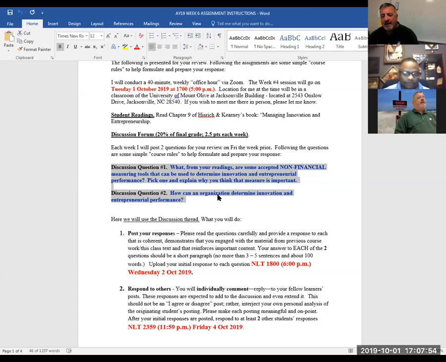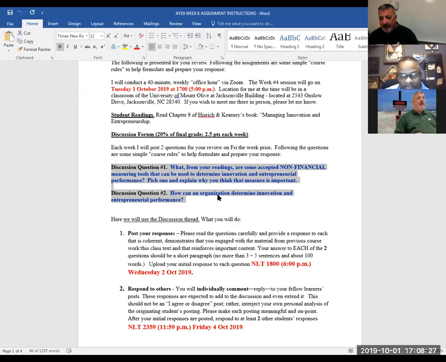The second question, how can an organization determine innovation and entrepreneurial performance, is right there in your text. What I'm obviously doing here is giving you a break on some of these questions of late because I know you're working on your papers. The key is to understand this isn't so much a scavenger hunt, though.